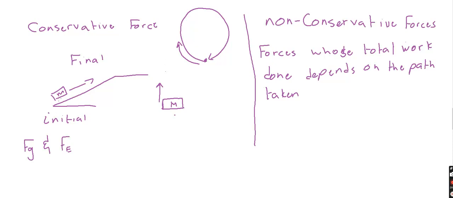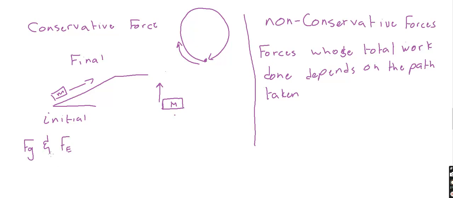Even friction will say that there is more work done by friction in moving up the incline than moving directly upwards. Even forces like tension would feel the exact same thing. They will say there's more work done by tension in moving up the incline than moving vertically upwards from ground to top.